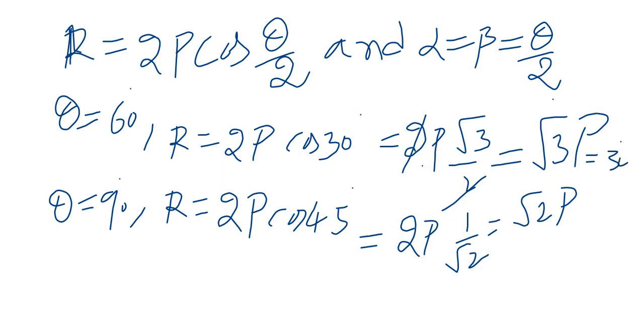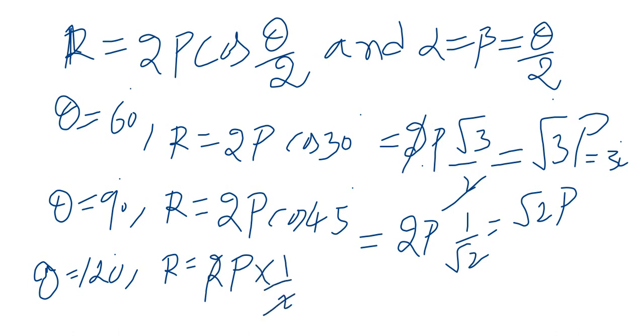Next one is theta is 120 degrees. 120 degrees means R is equal to 2P cos 120 by 2, which is cos 60. Cos 60 means 1 by 2.